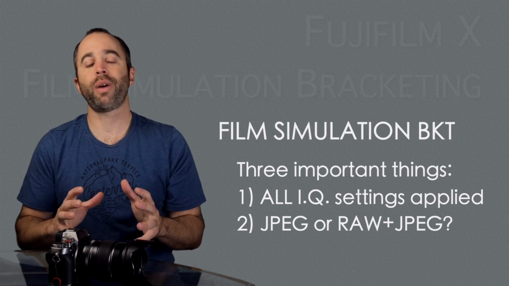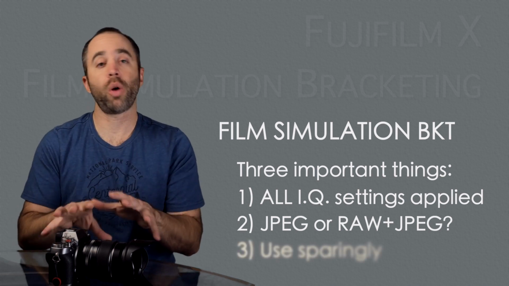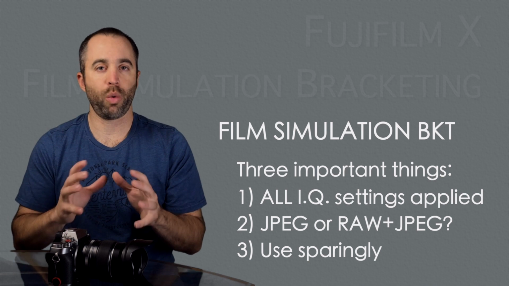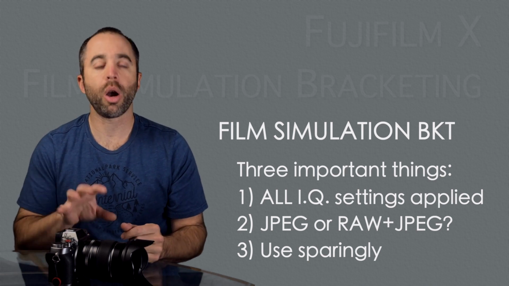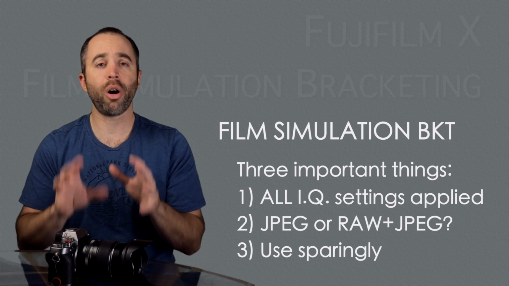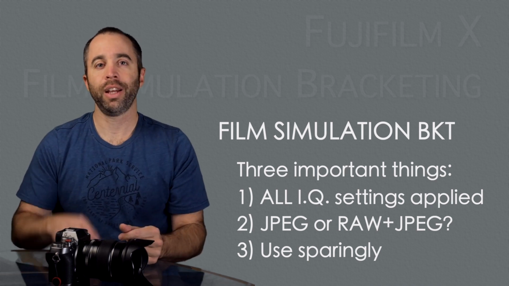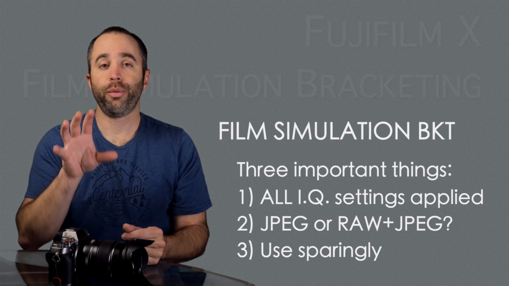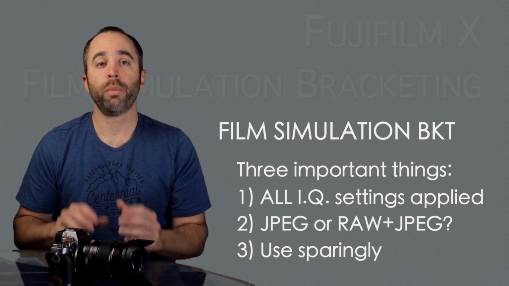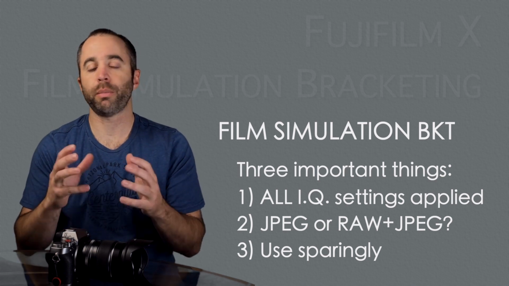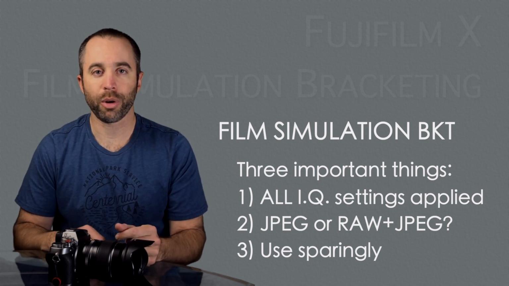And then the final thing I want you to think about is that this should only be used as a last resort. If you just don't know which film simulation you want to use, go ahead and go into film simulation bracketing. But you should always, every day, just as a creative exercise, try to identify the vision that you want for that photo before taking the photo. Select the film simulation that would best match your vision and then take that photo.